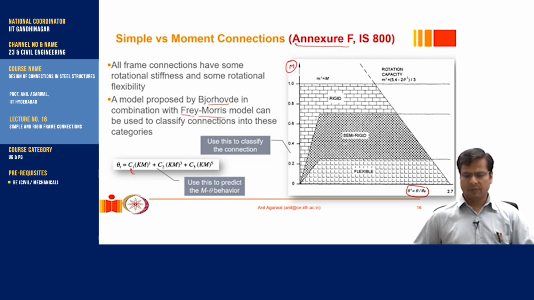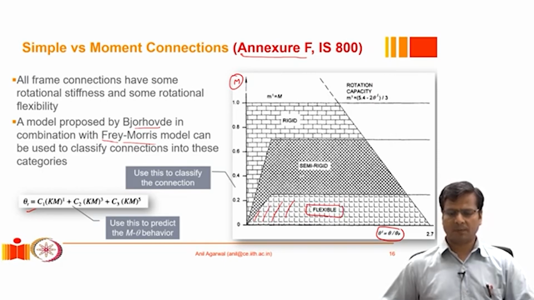So we put that plot here, whatever plot we developed from this equation, we map it on this curve, and wherever it lies, if it lies in this zone, which is marked here, then we classify it as a flexible connection or a simple connection. If it lies in this zone, then we classify it as semi-rigid connection. If it lies in this zone, then we will classify it as a rigid connection. Now, these are some of the involved methods to classify a connection as flexible, semi-rigid or rigid.